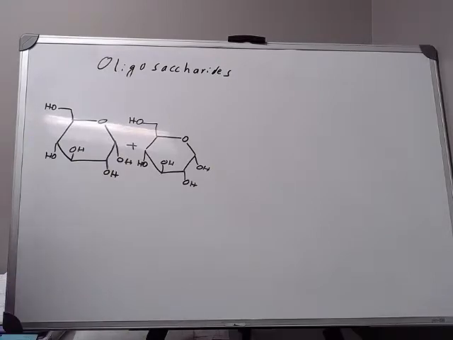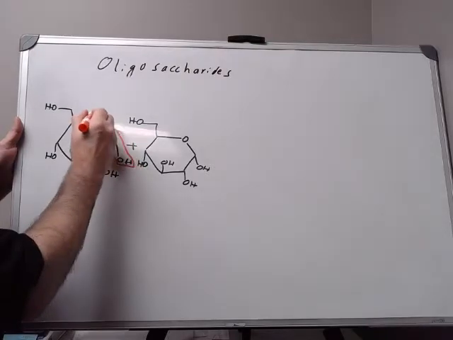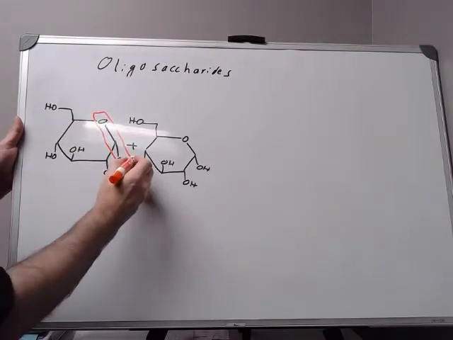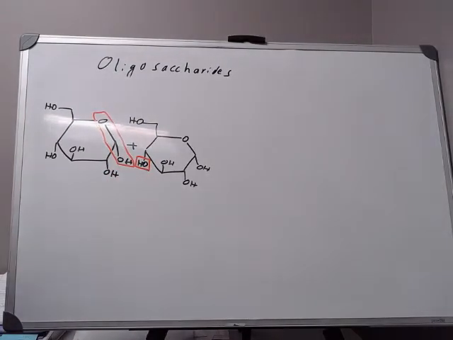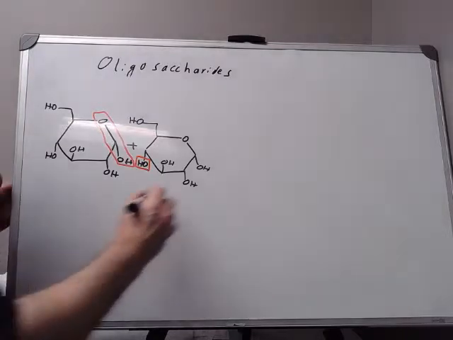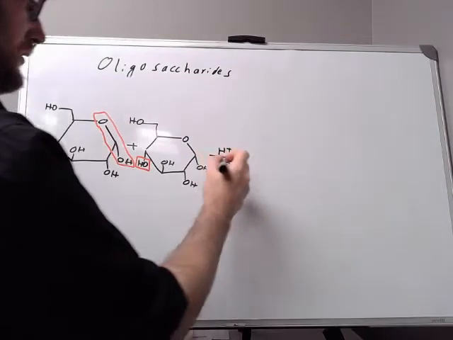And what we'll do is we'll combine this hemiacetal group on the first alpha-D-glucopyranose with this alcohol group on the second alpha-D-glucopyranose under acidic conditions again.